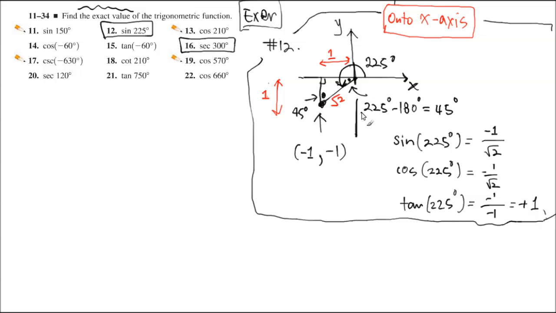It doesn't become negative root 2 because it's going down or anything. It's always a positive root 2. Alright? So this time tangent is the only positive value, and the other two, sine and cosine, are negative. Just like the sign thing that we looked at for each of the quadrants. Tangent is the only positive one. Is that right? Any question about number 12 before we begin number 16?